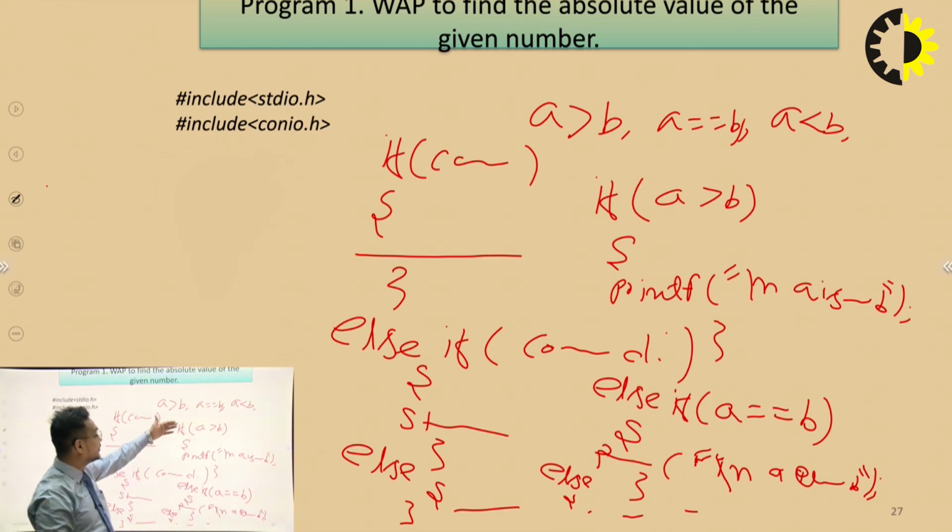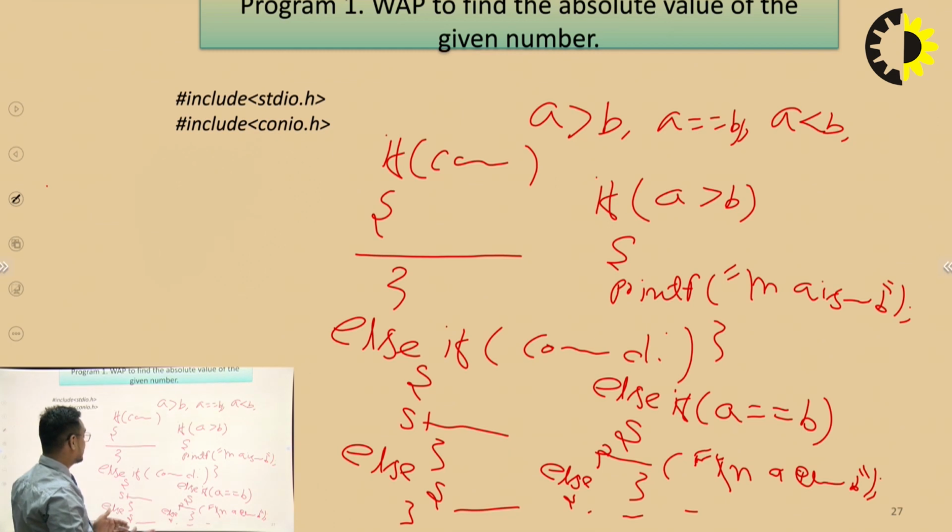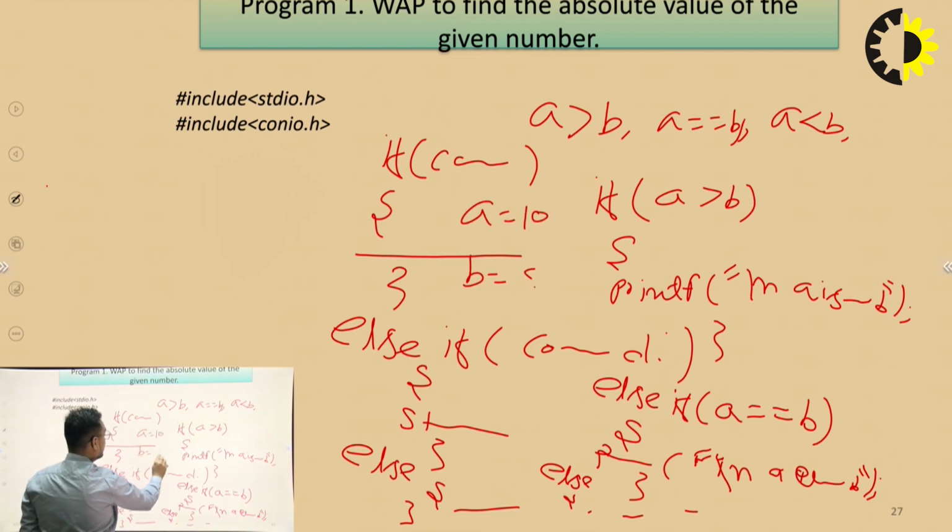Now what is the output? Suppose you run this program and enter the first number A equal to 10 and B equal to 5.